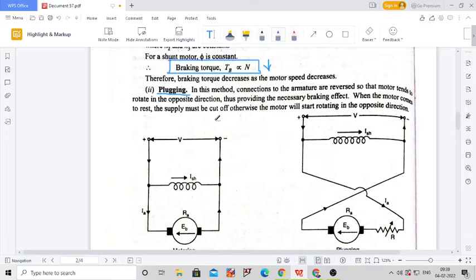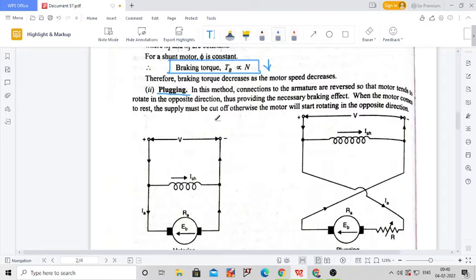Only we have to take one precaution while reversing this connection. For a DC shunt motor, we have to reverse the connections of the armature winding only, because if we reverse the connections of both armature and field winding, the motor will run in the same direction.